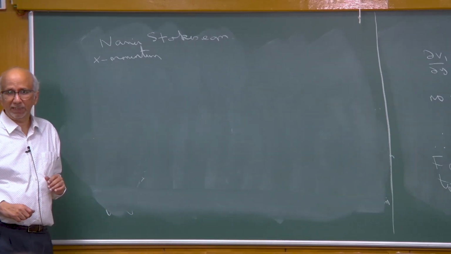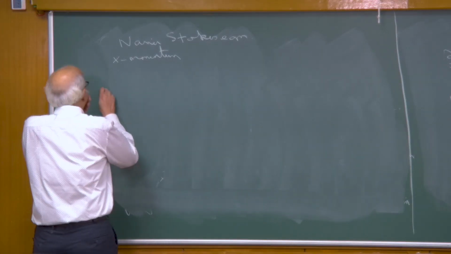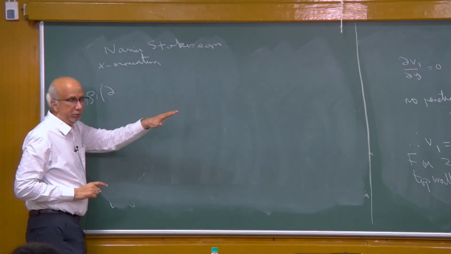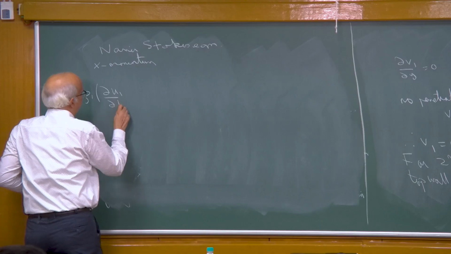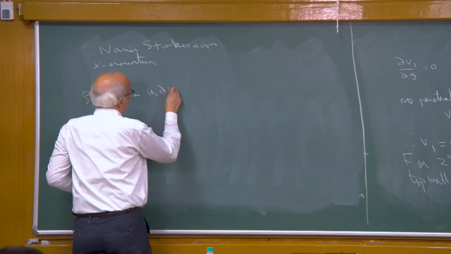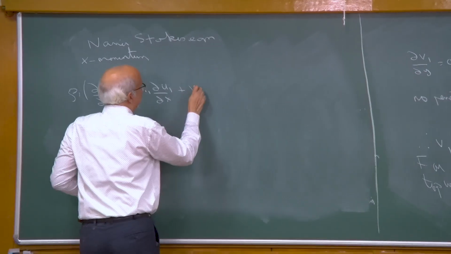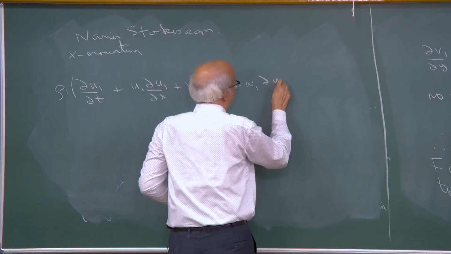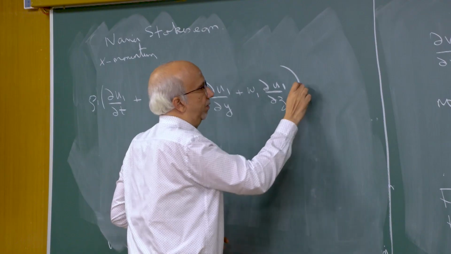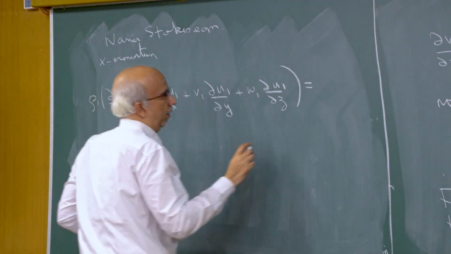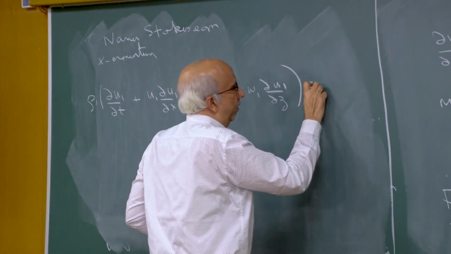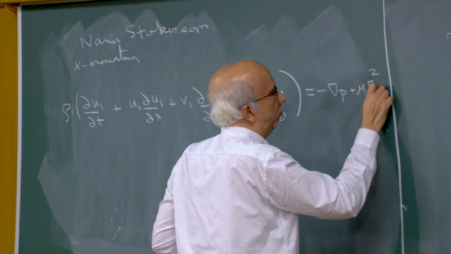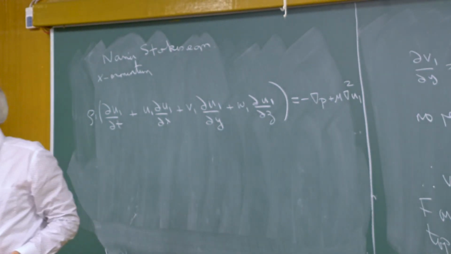Let me write down this x momentum balance. We are looking at the x direction, velocity component is u, minus gradient of P plus mu del squared U1.